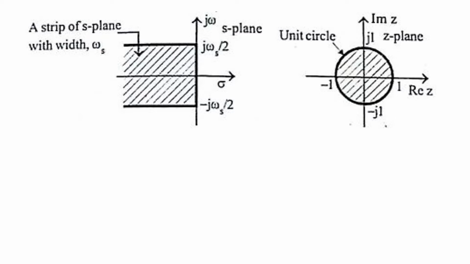And the unit circle, if the roots lie inside this unit circle, the system is stable for discrete time systems, right? So this is a comparison between the continuous and discrete time system. The left side roots should be mapped to the unit circle in discrete.